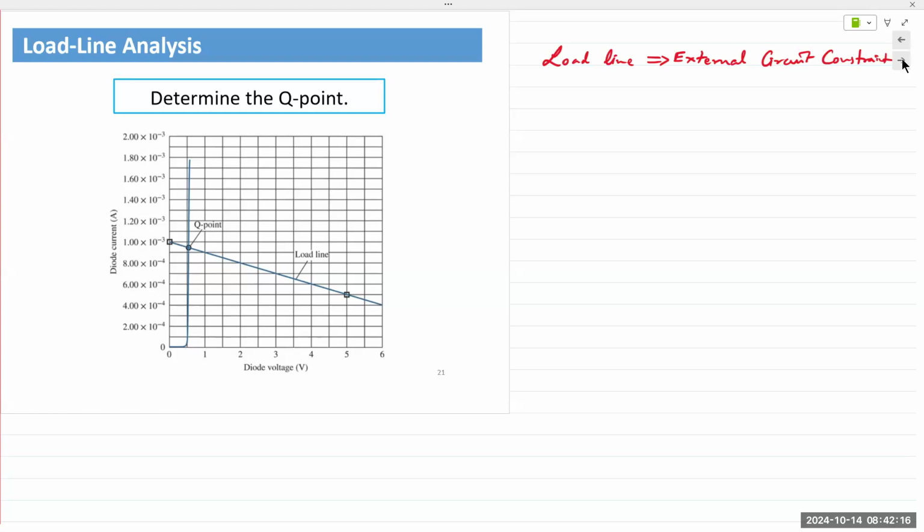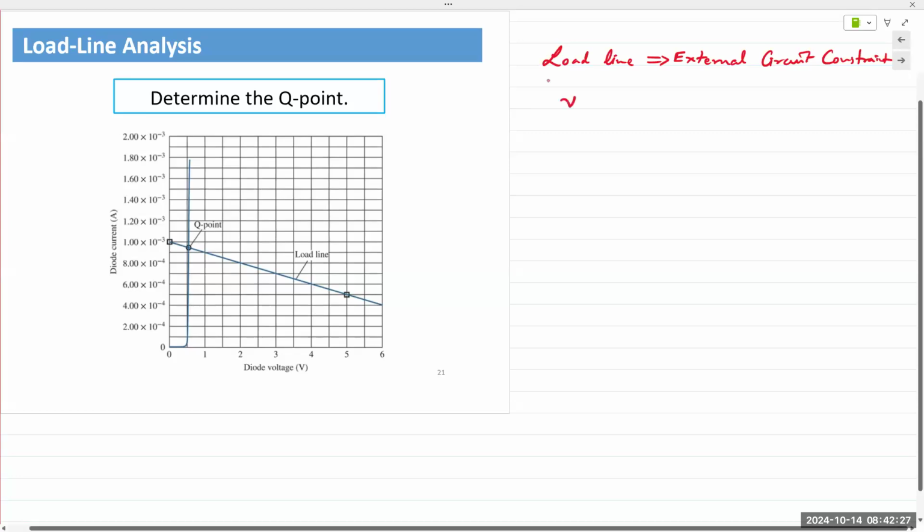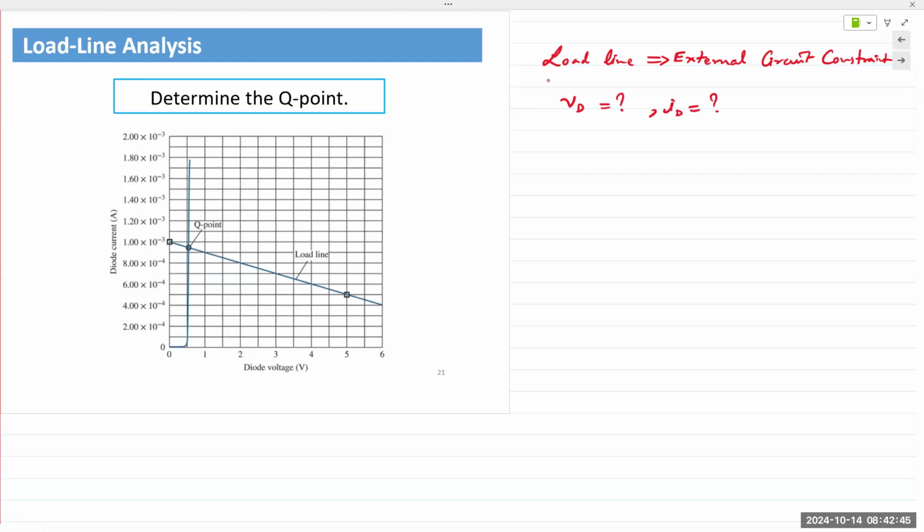So if you're performing circuit analysis of our diode, what are the unknown quantities? Diode voltage and diode current. Those are the two quantities we want to determine. So analysis in this case would be determining diode voltage VD and diode current ID, right? And that is what analysis would mean for us. Determine the values for these unknown quantities.